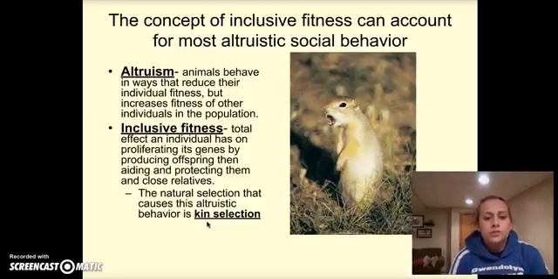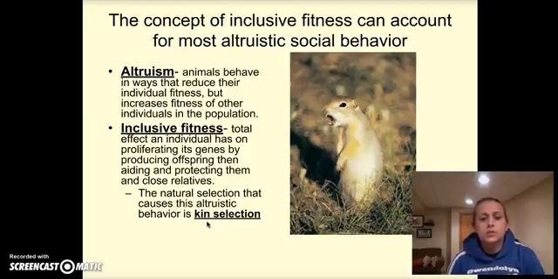Altruism is when animals behave in ways that reduce their individual fitness but increase the fitness of other individuals in the population. Inclusive fitness is the total effect an individual has on proliferating its genes by producing offspring, then aiding and protecting them, as well as close relatives.